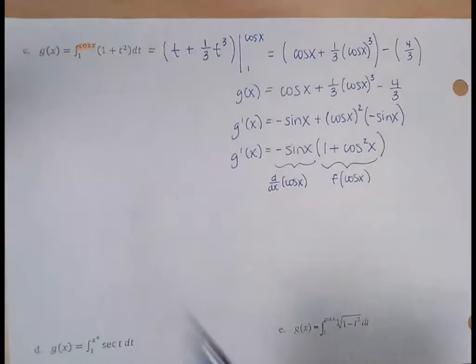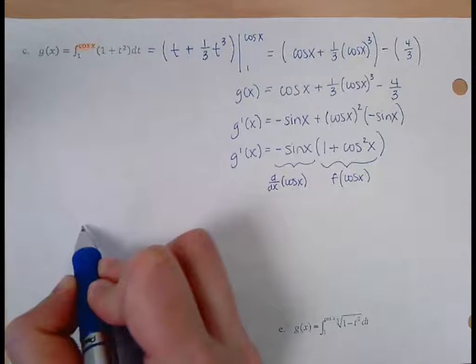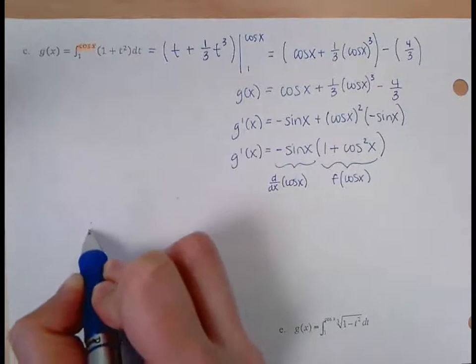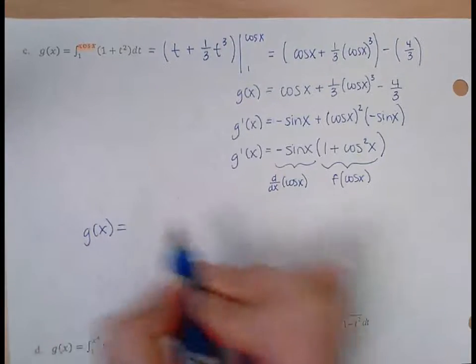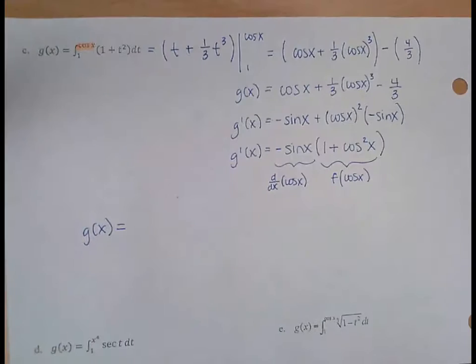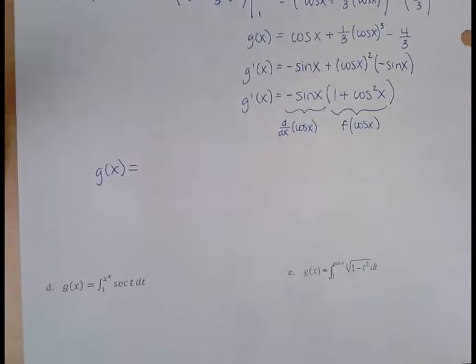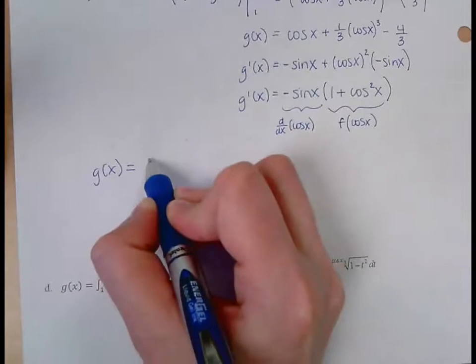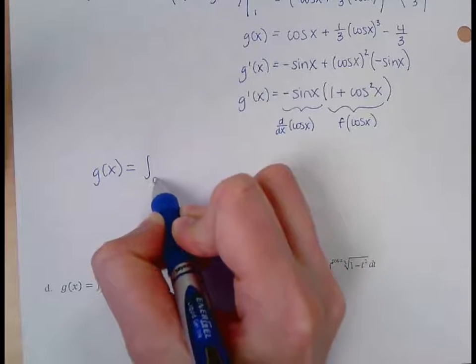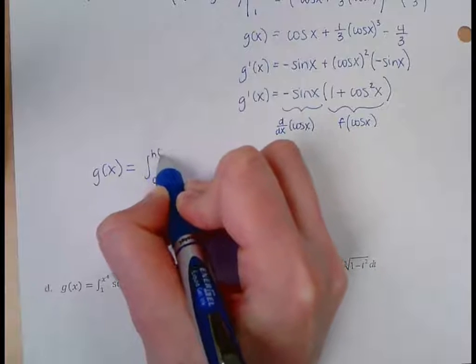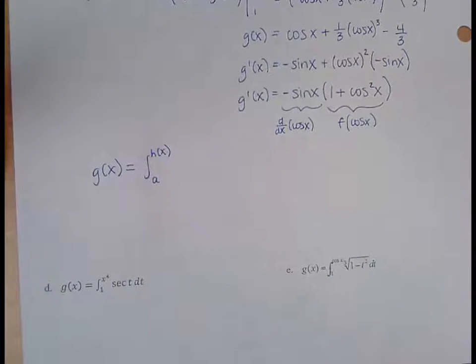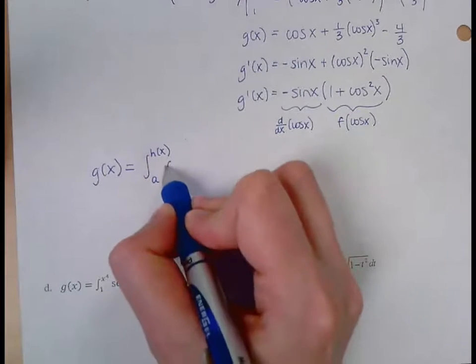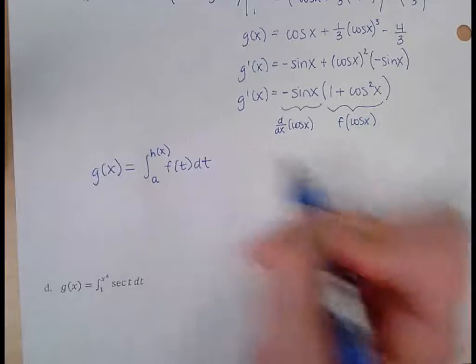So here's a separate rule. If you have a function g of x where your upper limit is more than just x, I'm going to write it this way. Say g of x is equal to the integral from a to some function h of x, so it's more than just x, of f of t dt.